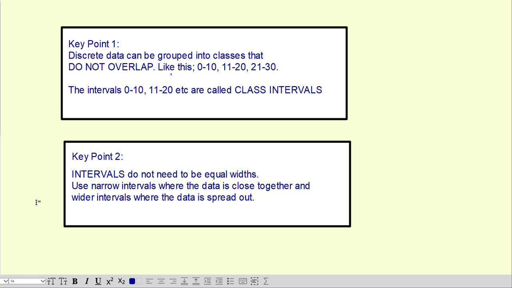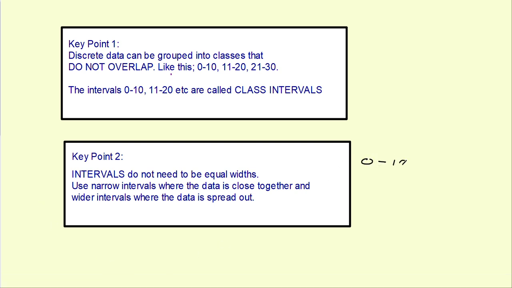The intervals do not need to be equal widths. We could have done 0 to 10, 11 to 15, 16 to 24. It doesn't matter, okay? If you've got more data in a particular age category, then you would split it a little more.